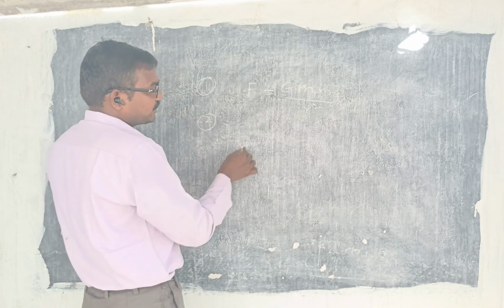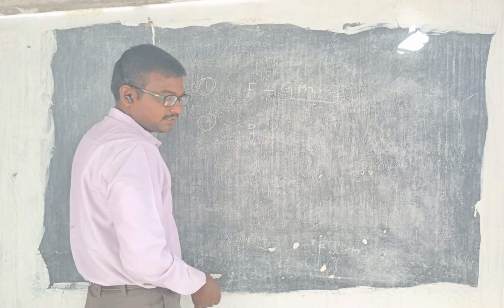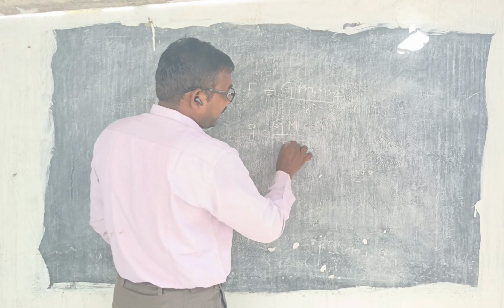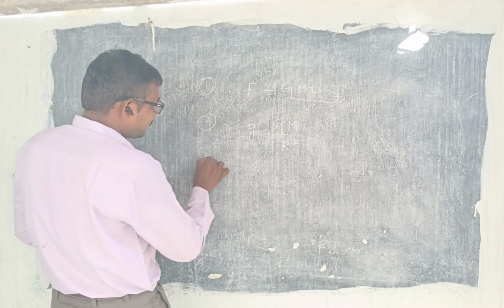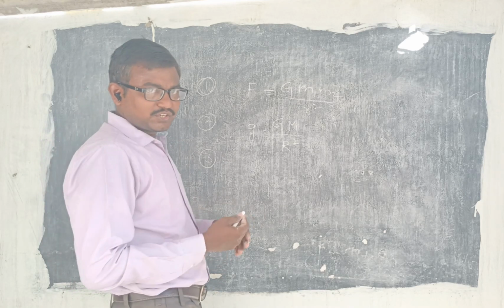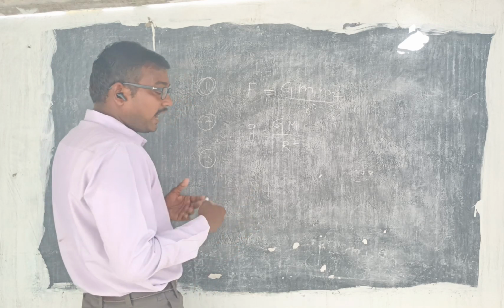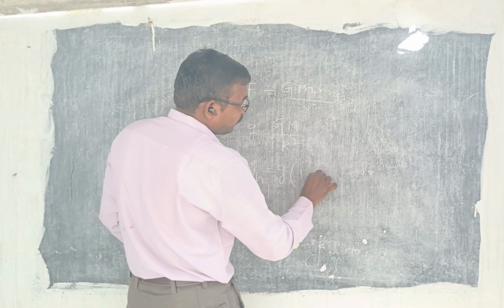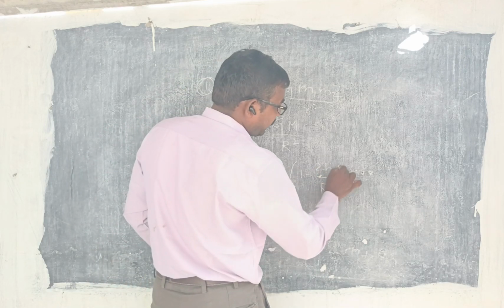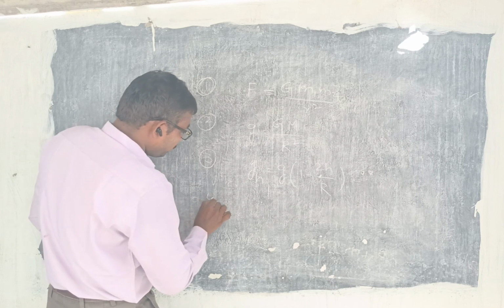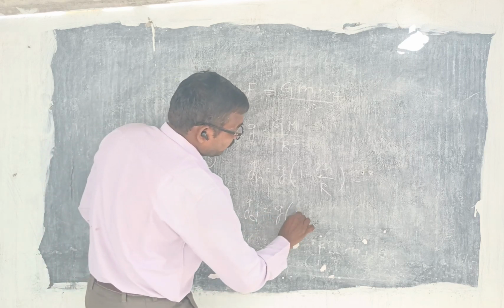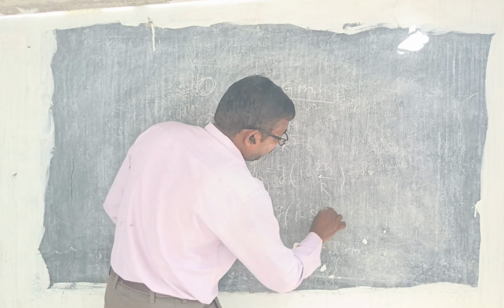So this is the relation between small g and capital G: small g equals capital G capital M by r square. Next one, the variation of g with the height: gh is equal to g into 1 minus 2h by r. Fourth one, gd equals g into 1 minus d by r.